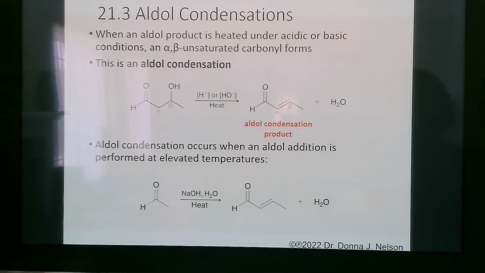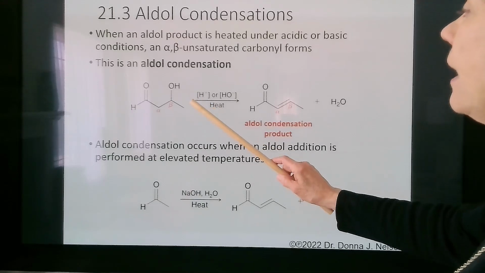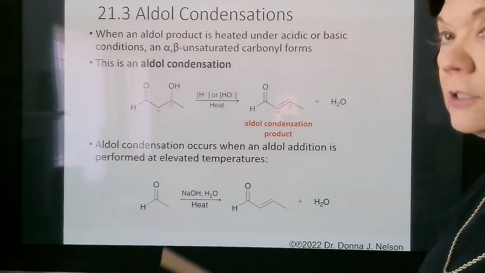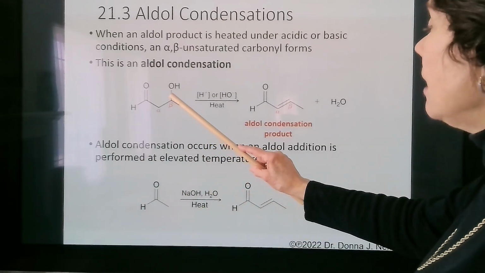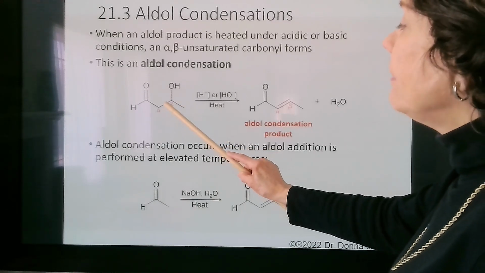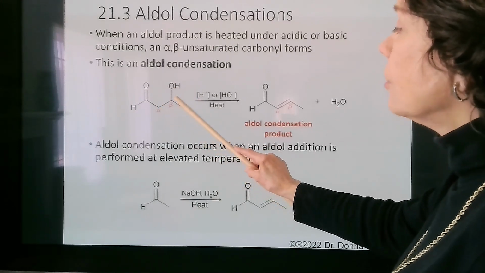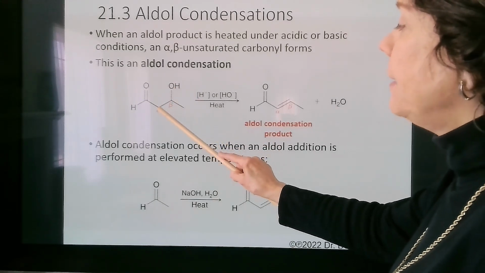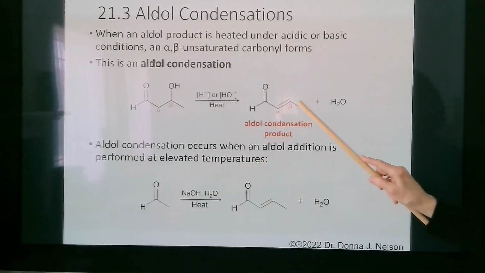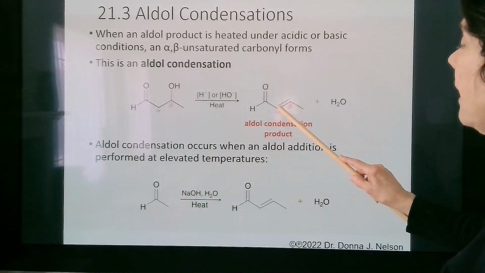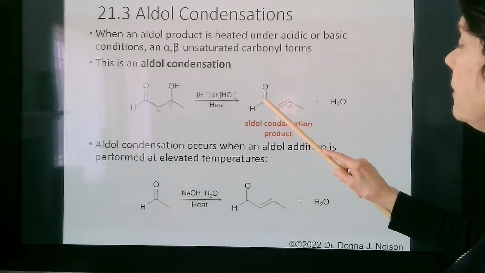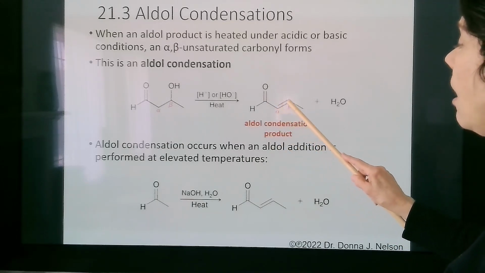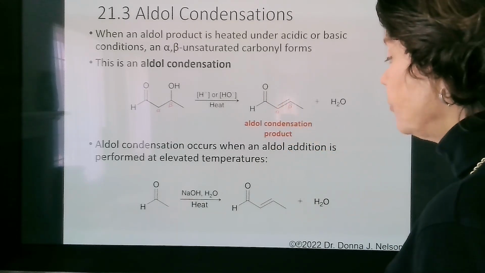When an aldol product is heated under acidic or basic conditions, either one, you get an aldol condensation. An aldol condensation means that you've lost water across the alpha-beta carbon bond. So here, this becomes an alpha-beta unsaturated carbonyl. This is the aldol condensation product.